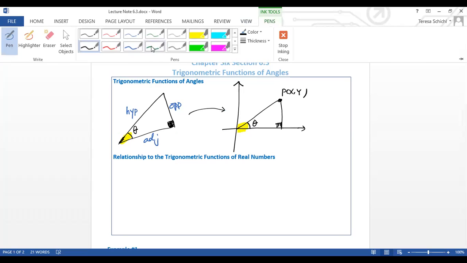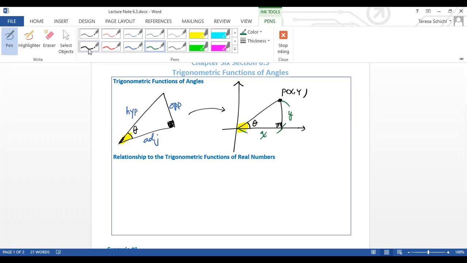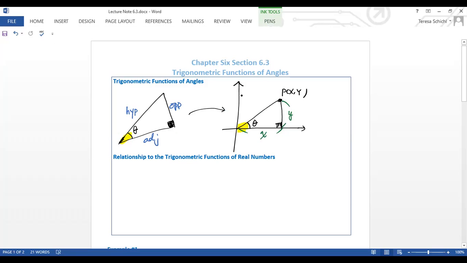After you put it into coordinates, what is this height? This is y, correct? And this is the x-axis. Right now this is not a unit circle, but we can still put a circle like this; it's just not the unit circle.